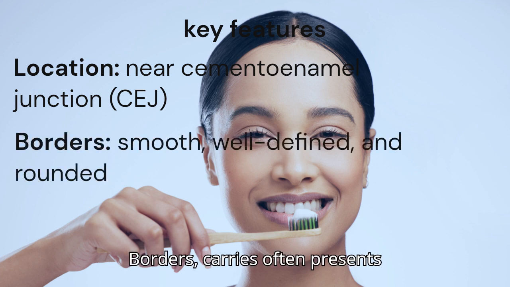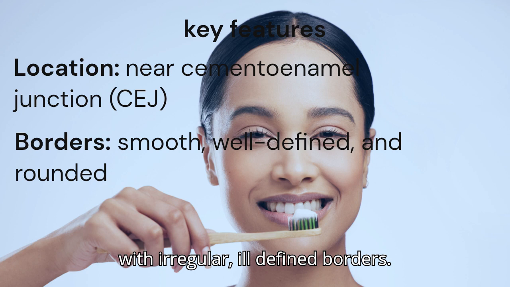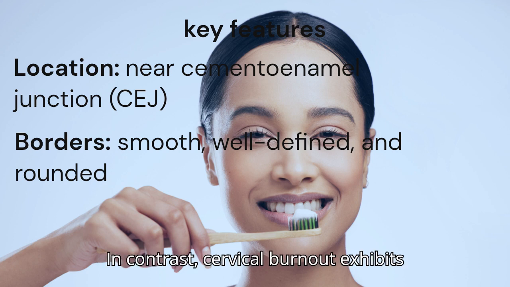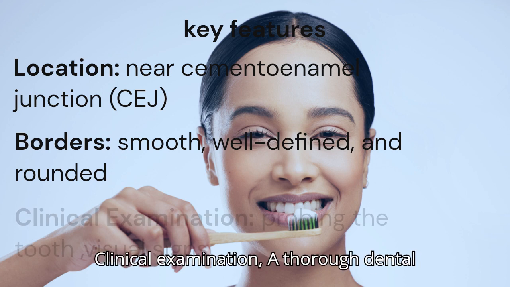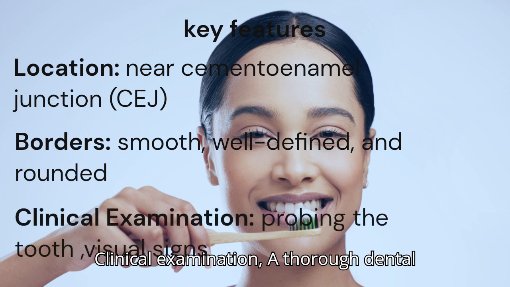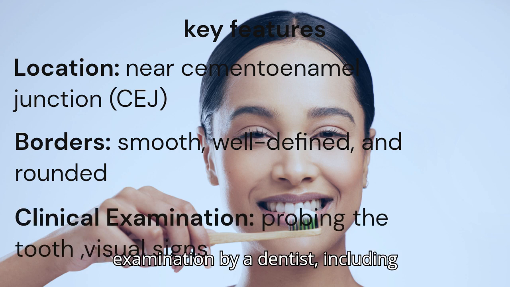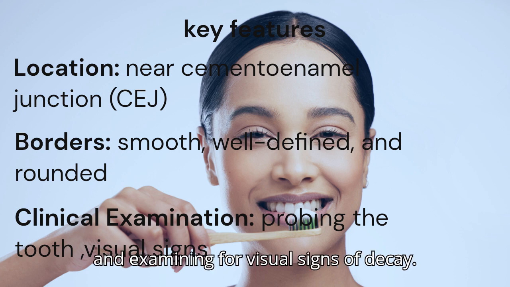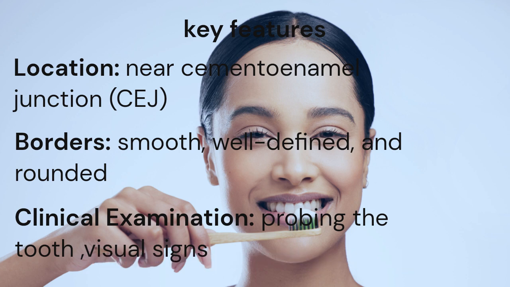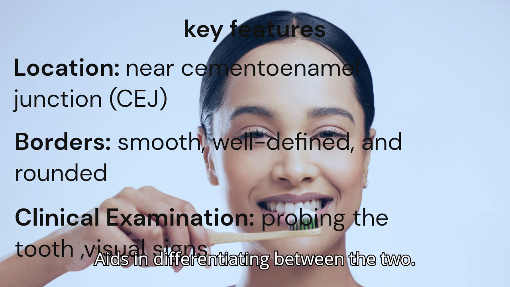Caries often presents with irregular, ill-defined borders. In contrast, cervical burnout exhibits smooth, well-defined, and rounded borders. Clinical examination. A thorough dental examination by a dentist, including probing the tooth surface for softness and examining for visual signs of decay, aids in differentiating between the two.